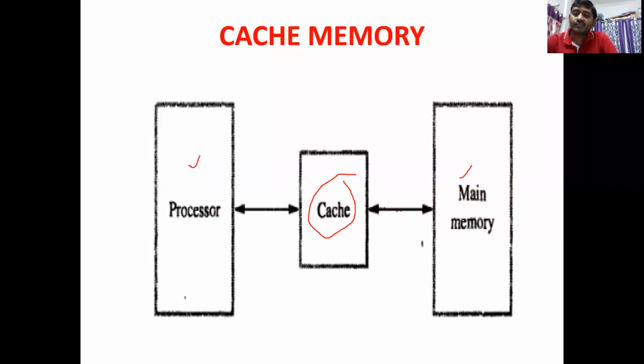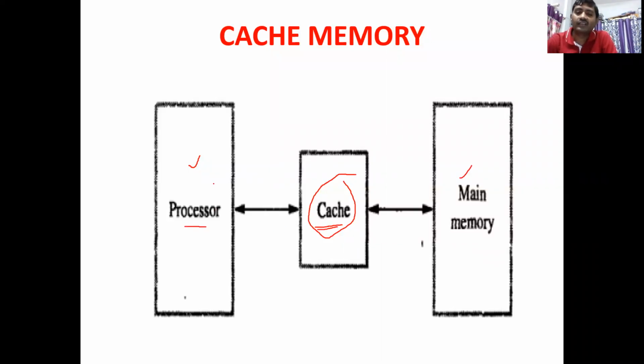Every time, accessing it from the main memory is a bit time-consuming. So it refers to a small memory which is faster than main memory, called a cache memory. Some of the instructions which are accessed by the processor very regularly will be stored here.